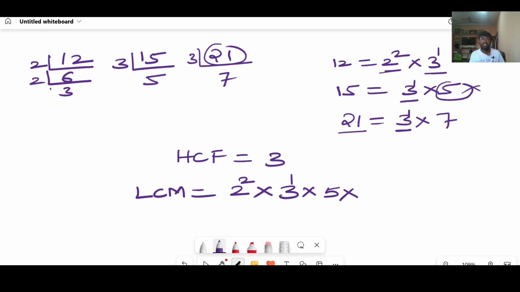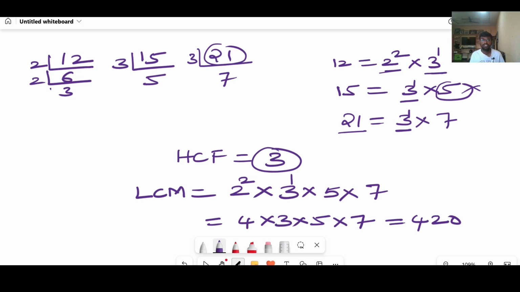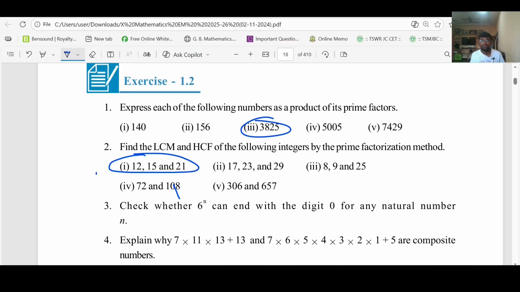But anyway I will take it here, irrespective of common factor, whether it is present in all the factors of 12, 15 and 21. 2 square into 3 into 5 into 7: 4 times 3 is 12, 12 times 5 is 60, 60 times 7 is 420. 420 is the LCM, and 3 is the HCF. You can do the rest of the problems in this model.